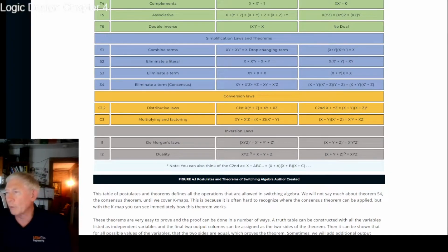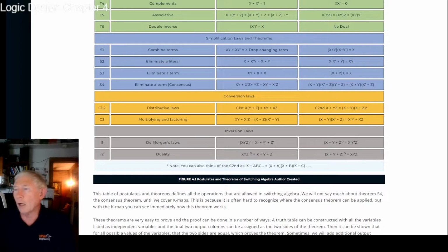So in this case, we can combine these terms and drop one of the variables, giving us a single variable in this case. Here, same thing. This is just the OR form, the POS form essentially, and you can combine these because the y changes, and you just wind up with x.